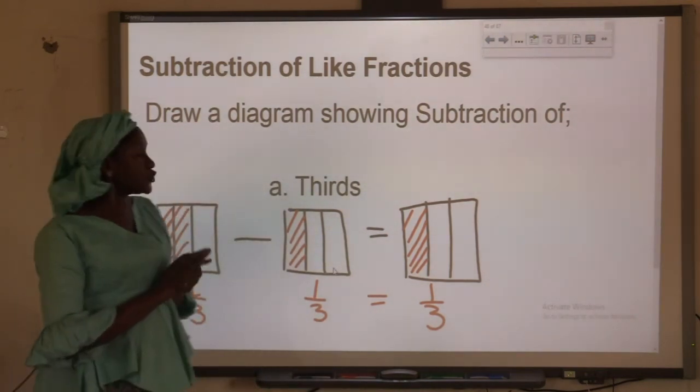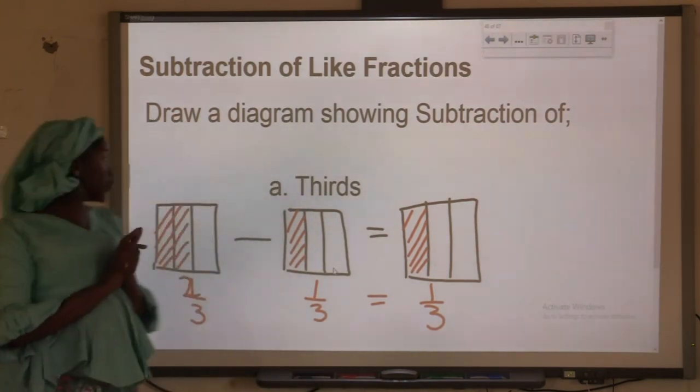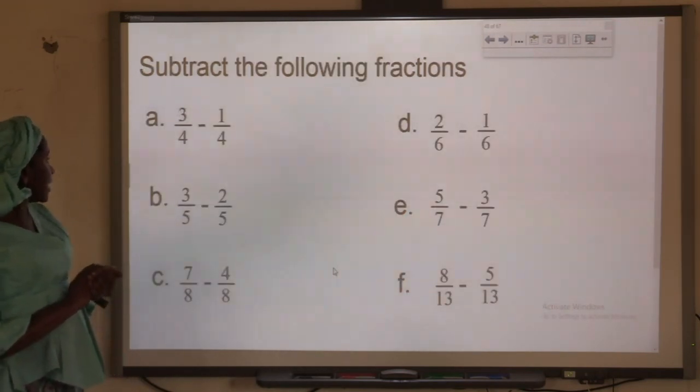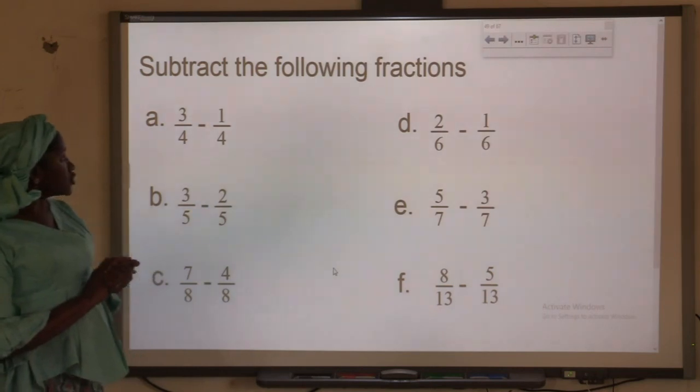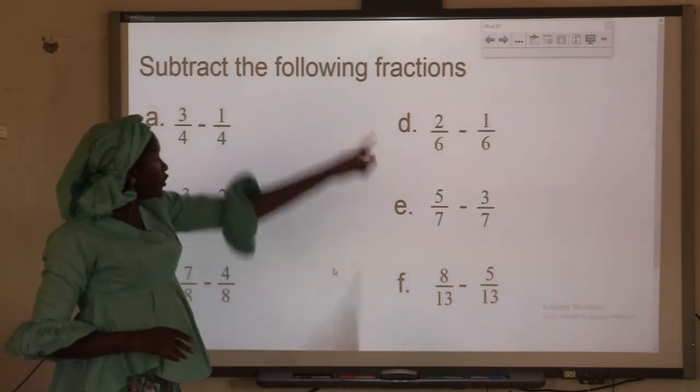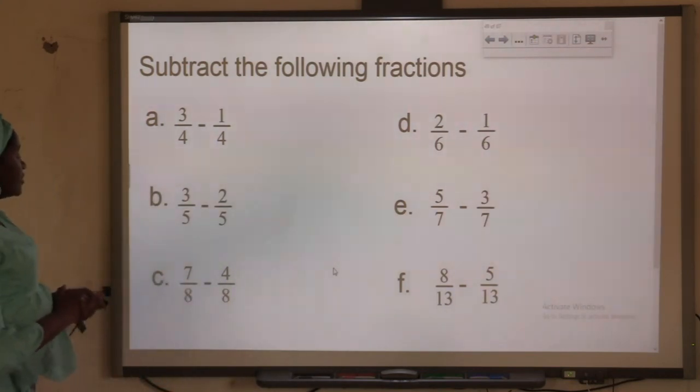That brings us to the end of this lesson. But before going, I will leave this assignment with you to look at. Subtract the following fractions. Listen carefully.